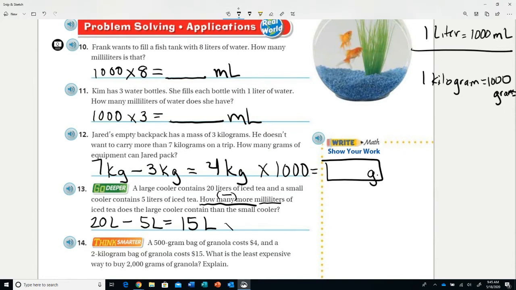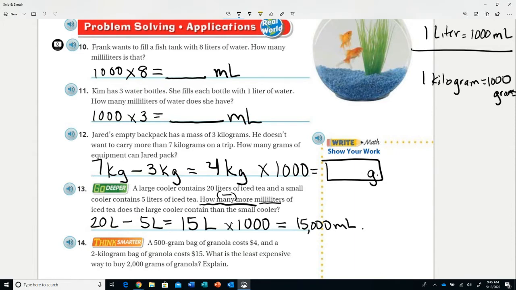Well, I know that when I take that 15 liters and times it by its conversion factor for milliliters, it's going to be 15 times 1,000, or 15,000 mLs. That's a lot. So think of it as like a case of waters or iced tea or whatever they're calling this here. All right, that should answer the go deeper question.